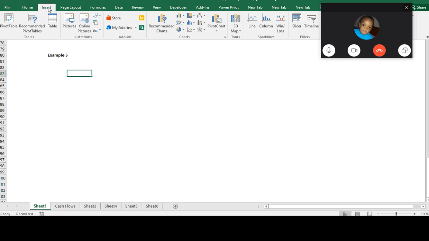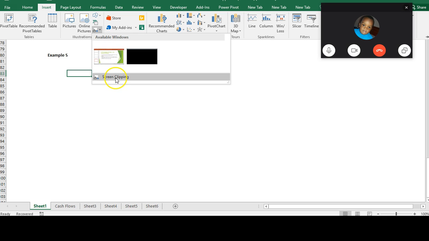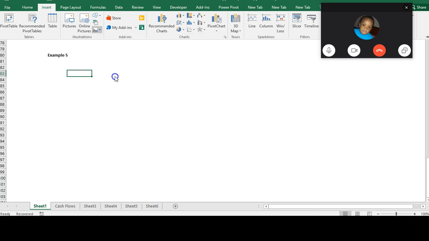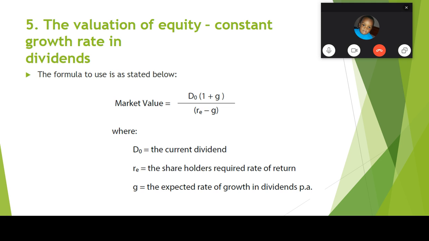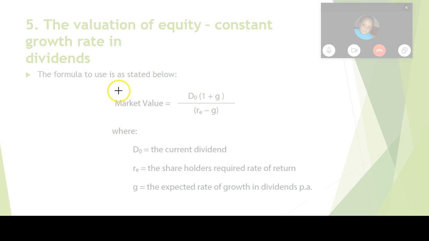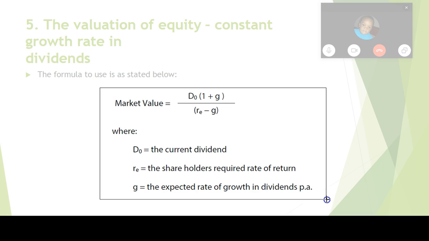There's take a screenshot, but I don't want to take a screenshot. So I'll go to a drop down here. On the drop down, I'll go to screen clipping. Screen clipping, I'll go like this. Then now I can clip whatever I want to clip. So I'm clipping this.